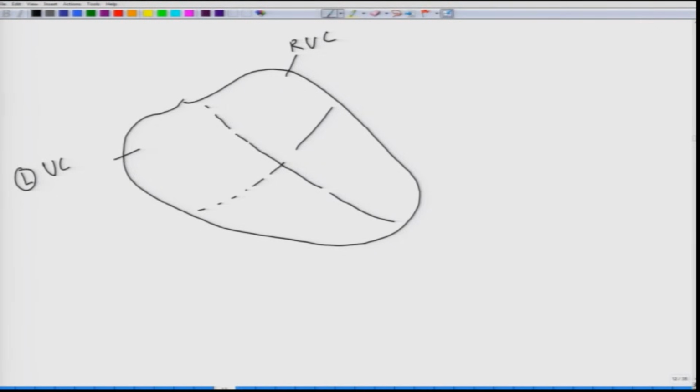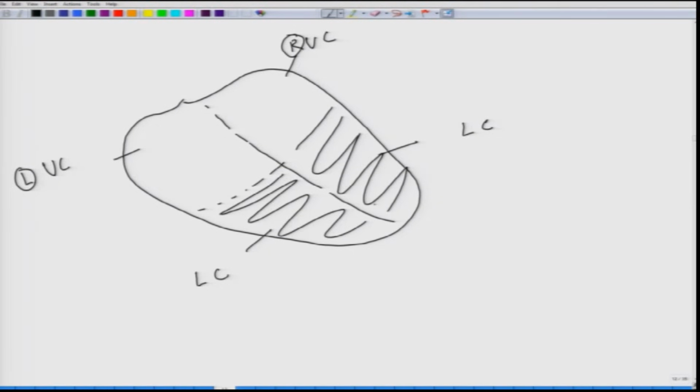L stands for left, R stands for right, UC stands for upper chamber, LC stands for lower chamber. So within this colony, there are multiple colonies, and each one of these has different cell types involved in it. Ventricular cells, those are the lower ones, are covering this part, the ventricles. The lower 2 chambers are called ventricles, these are called auricles, and they have different cell types with mild variations.